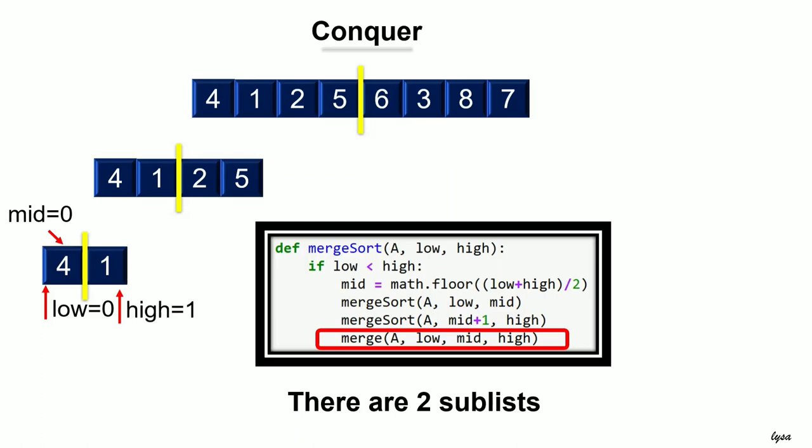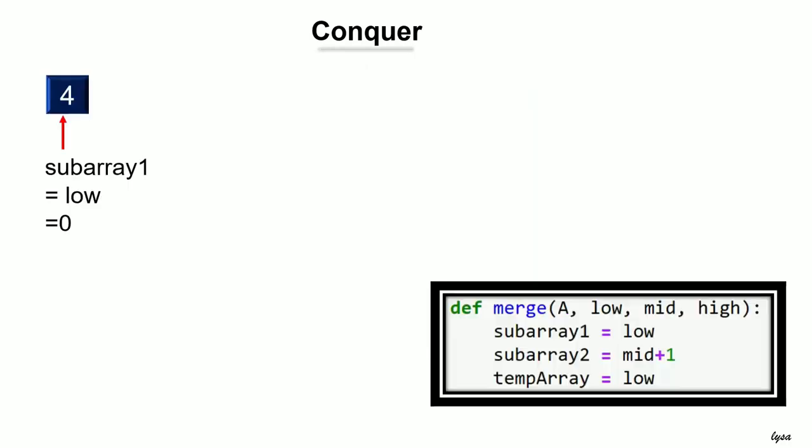So now I take a sublist of one element on the left, a sublist of one element on the right, and I make a list of two elements which are already sorted. Initially, in merge, we have two pointers. One we call subarray 1 and one I call subarray 2.